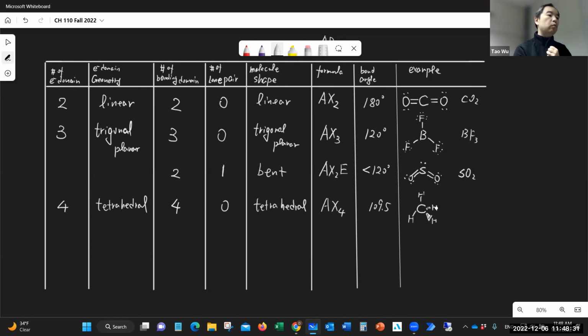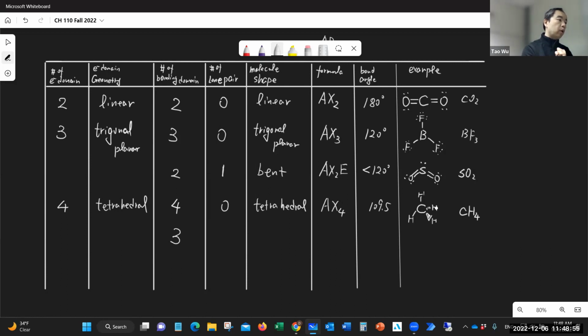So methane will be exactly like this. They have 1 carbon in the center and 4 side atoms, 4 hydrogens, like this. So CH4 is going to be the tetrahedral shape. Then for the 4 electron domains, there is some variation.